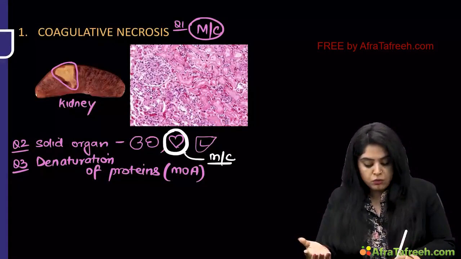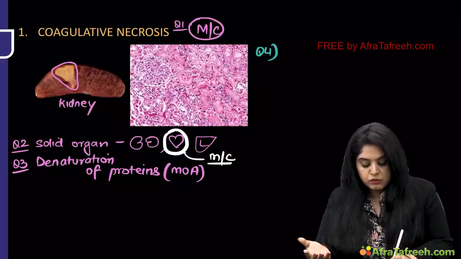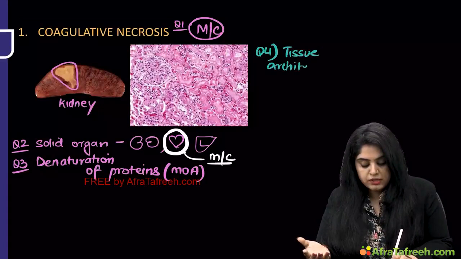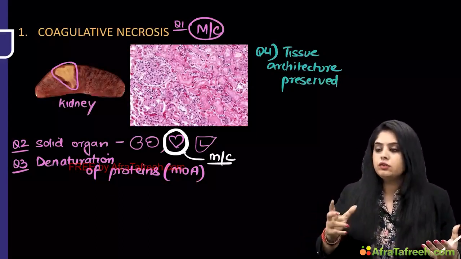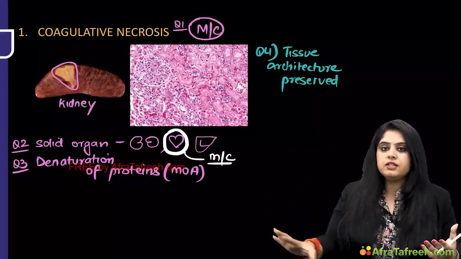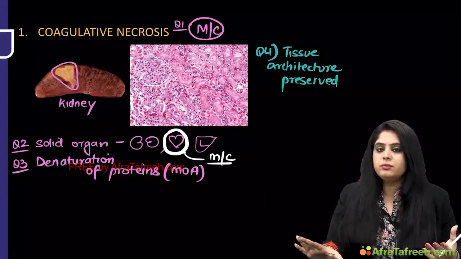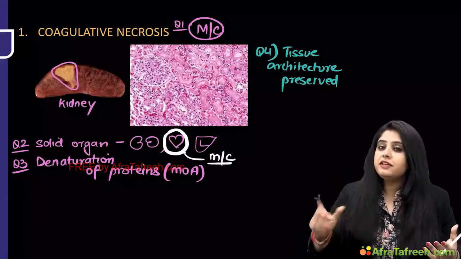Question number 4, what do you see microscopically? So your first point is that the tissue architecture is preserved. Preserved means that everything is going to be just like a ghost. What is a ghost? You will say it is that white sheet outline of a ghost in a Bollywood movie, but I can't see the face of the ghost.